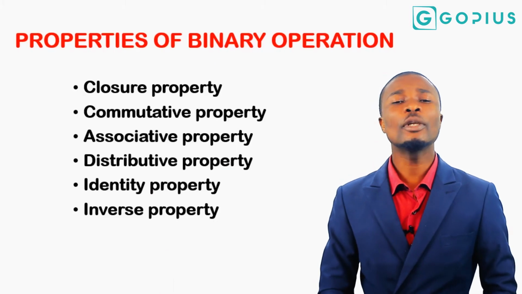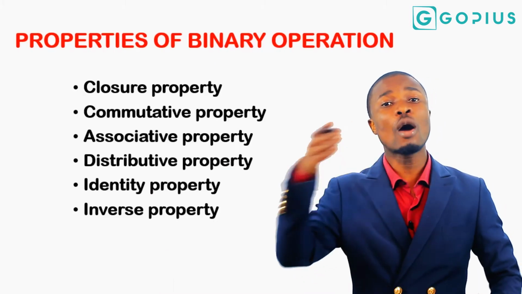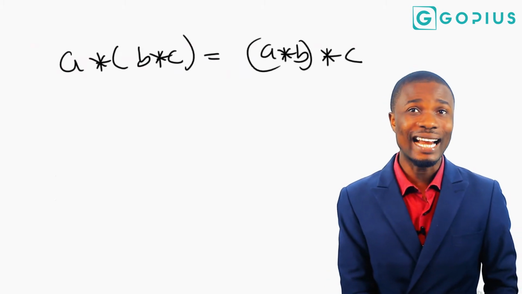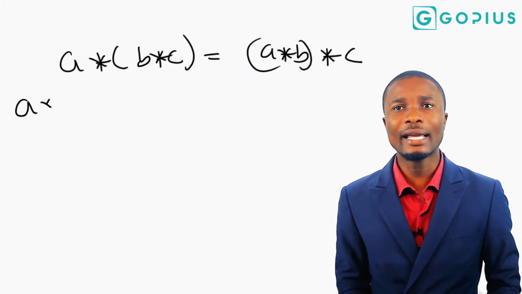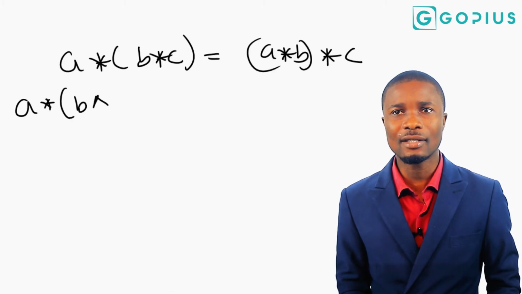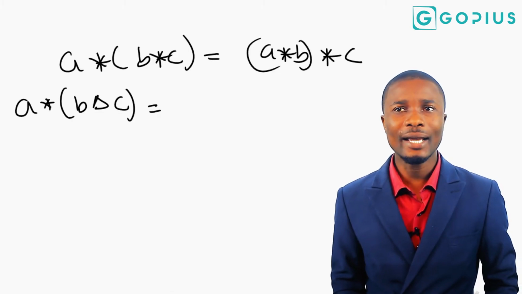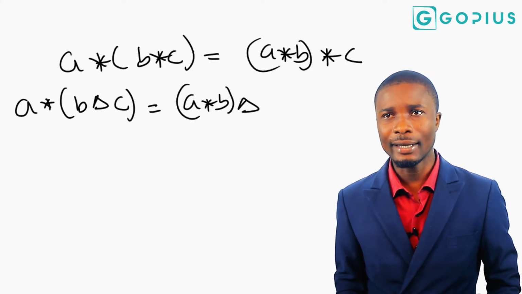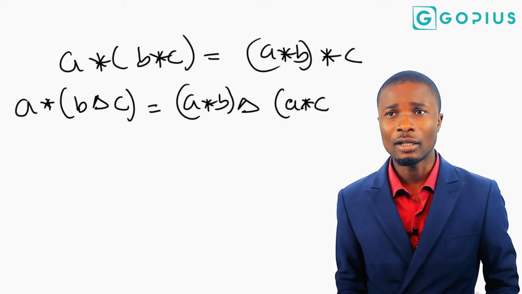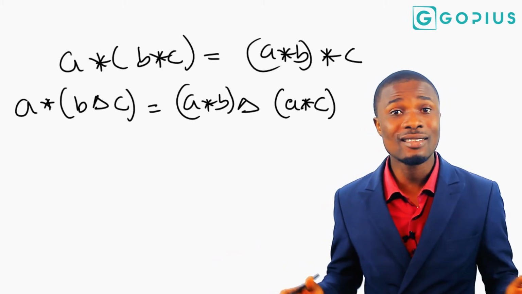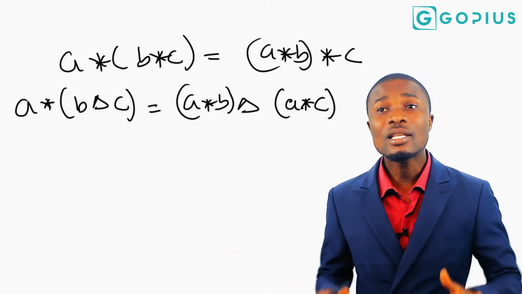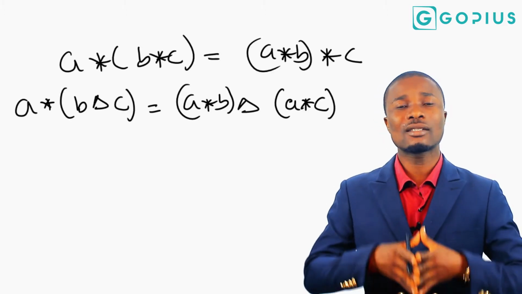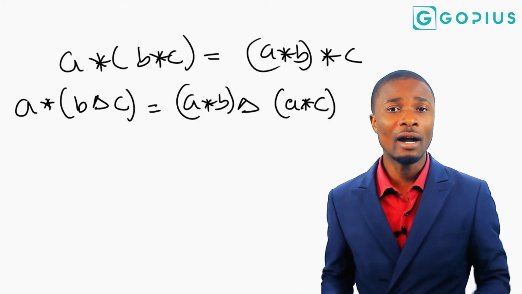Alright, now distributive property is when an operation can open up another operation in a bracket. Let's say I have two operations, star and delta. So I have something like A star into B delta C, and this can open this bracket as A star B first in bracket, then delta A star C. If I define two binary operations as star and also as delta, and this bracket is true, that means star can open this up, then we say that star is distributive over delta.